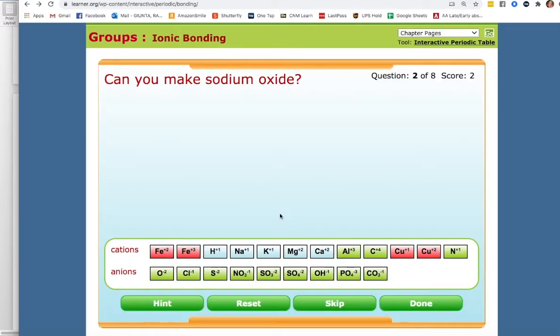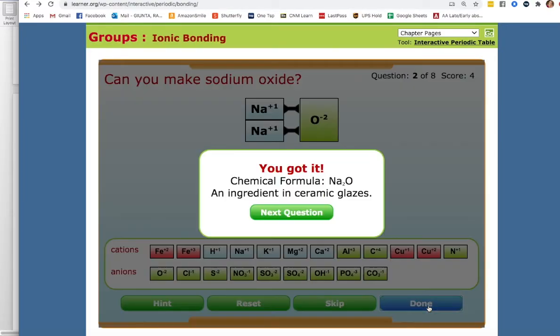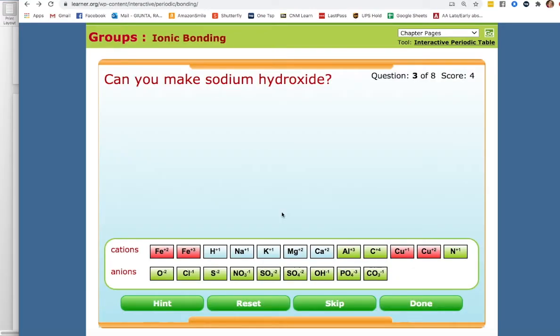And so then I'm going to go through a few more of these. Sodium oxide. Now oxide, because the -2, it has 2 of these triangles. So you can visually see why you need 2 sodiums that are each +1 to pair up with the oxygen. So this would be Na2O. And they tell you that when you click done.